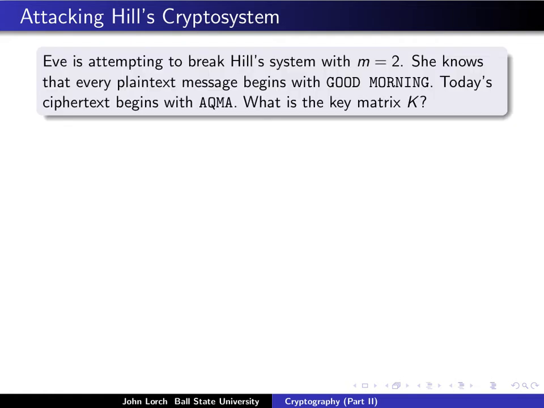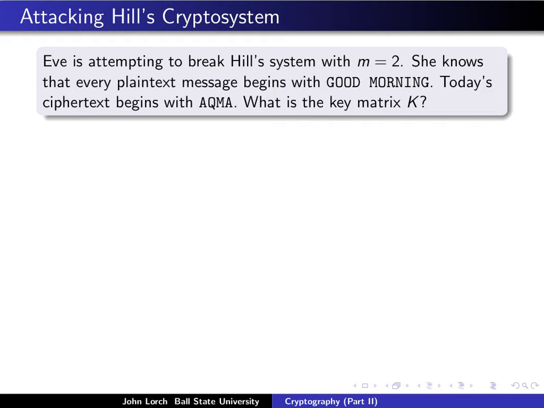Here we're going to mimic a known plaintext attack on Hill's cryptosystem with M equaling 2. So Eve knows that every plaintext message begins with good morning. And today's ciphertext begins with the 4 characters AQMA. So the question is, what is the key matrix for that day? So let's take a look at this.